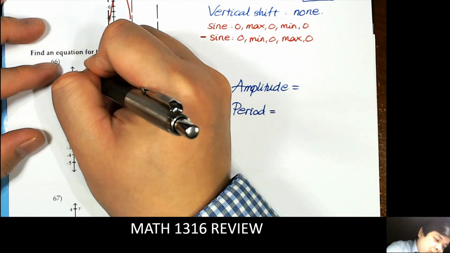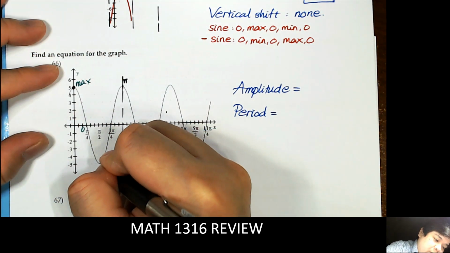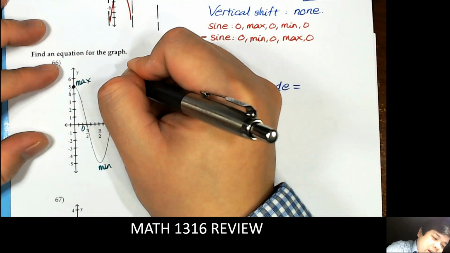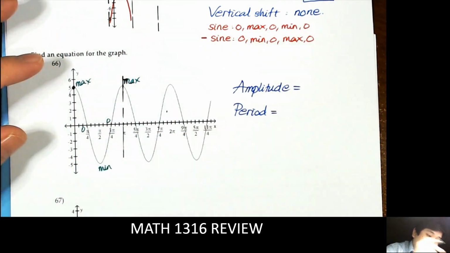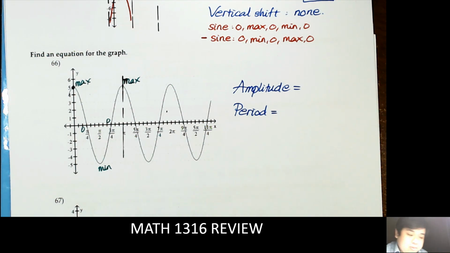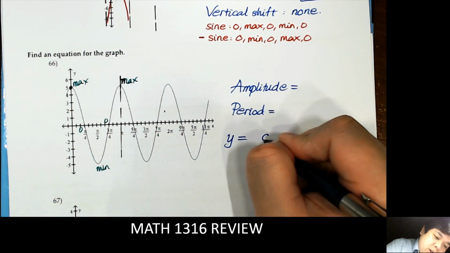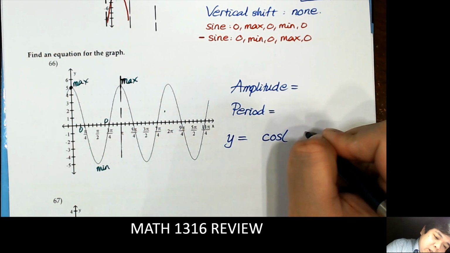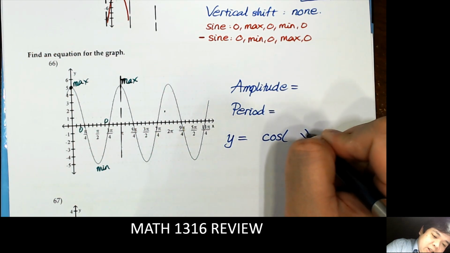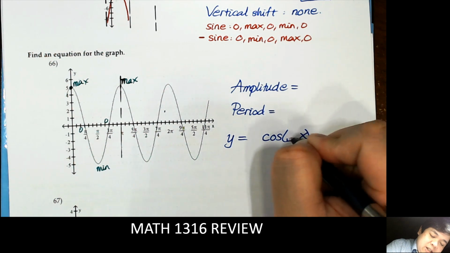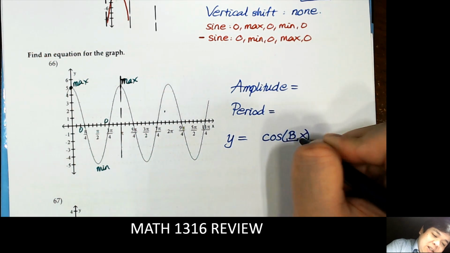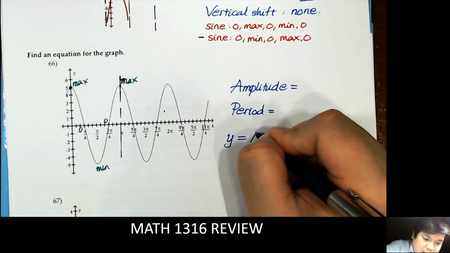We have maximum, 0, minimum, back to 0, and then that is the max. So it's good. This is definitely the graph of cosine of bx. Let's say the amplitude is going to be A.